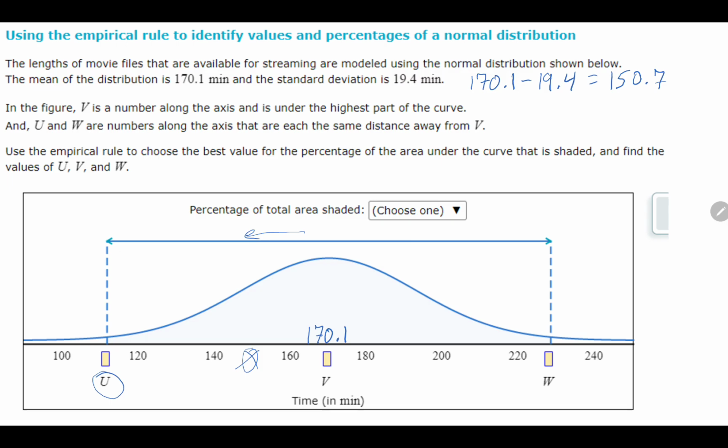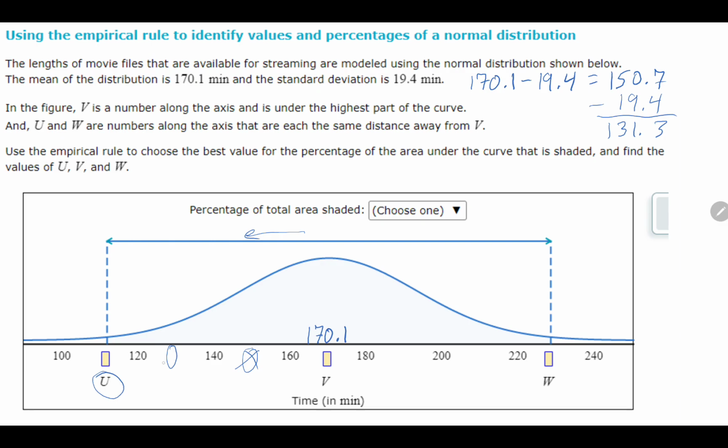So I'm going to minus 19.4 again. I'm going to do it underneath just so I can, 19.4. And then that's going to give me 131.3. Well, that would be somewhere over here.